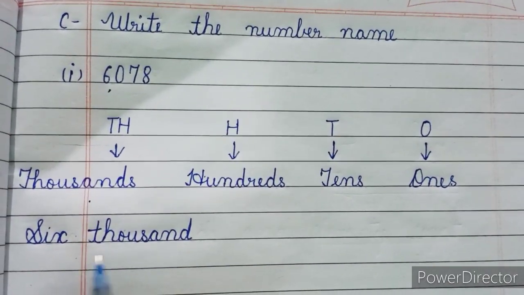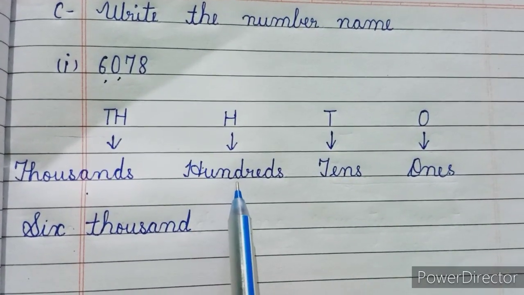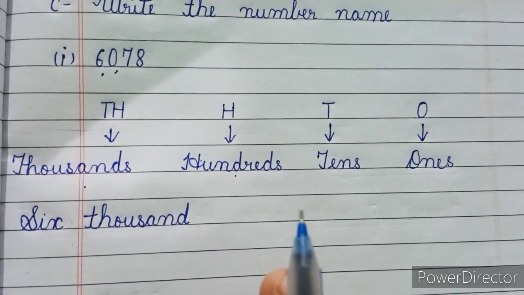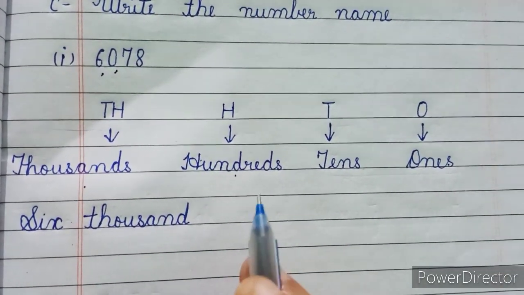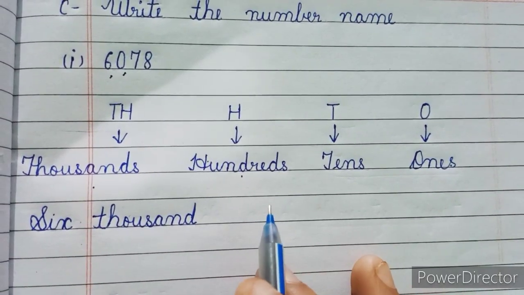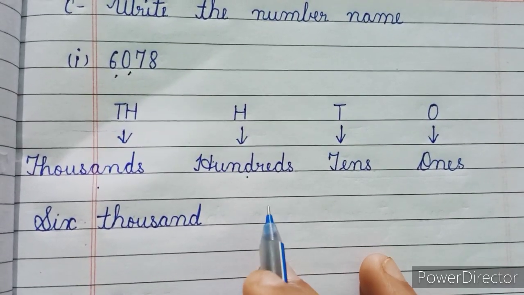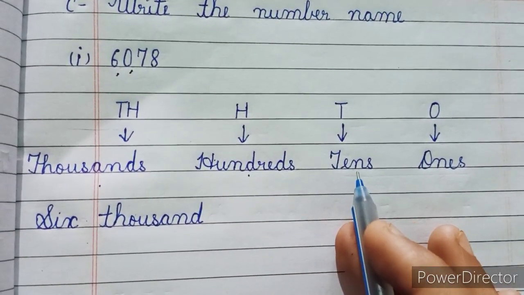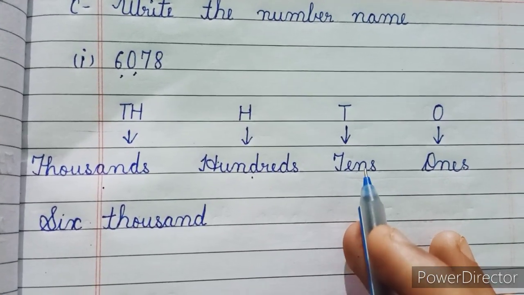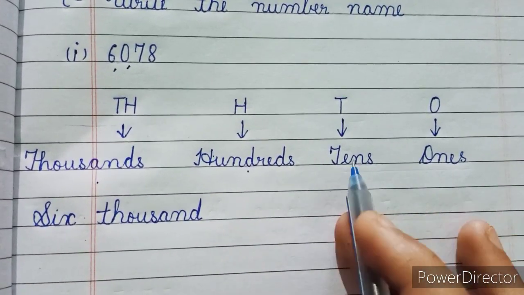Now, in which place is 0? Hundreds. But students, we will not write 0 hundreds here. Okay? We will not write hundreds here, we will move on to the tens place, because we write tens and ones together.